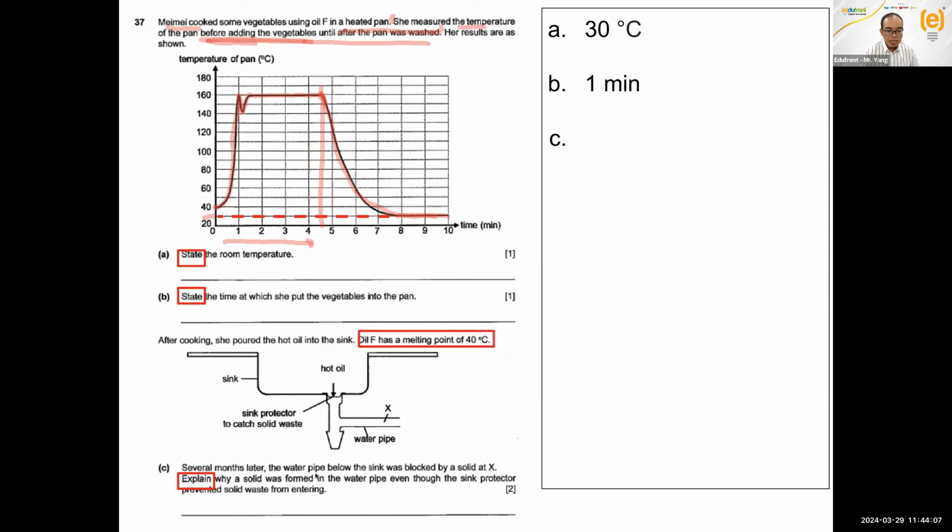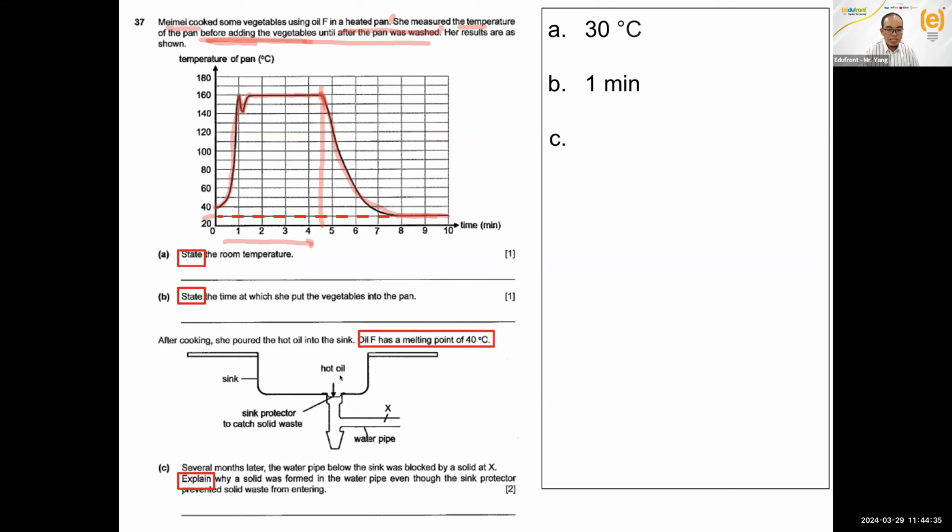Several months later, the water pipe below the sink was blocked by a solid at X. This one is a very common house problem. So you can see, PSLE, they like to ask you application questions, what you experience in day-to-day situations. So they ask you to explain why the solid was formed in a water pipe, even though the sink protector prevented the solid waste from entering.